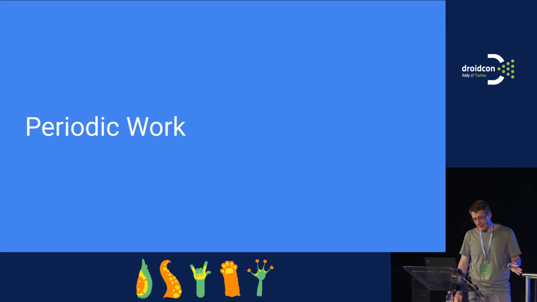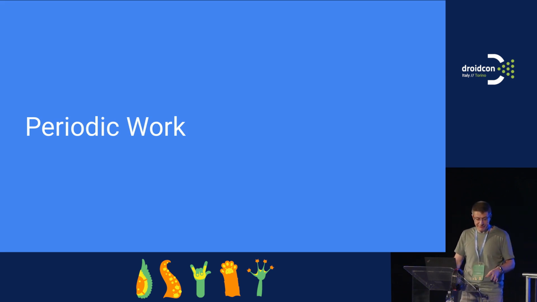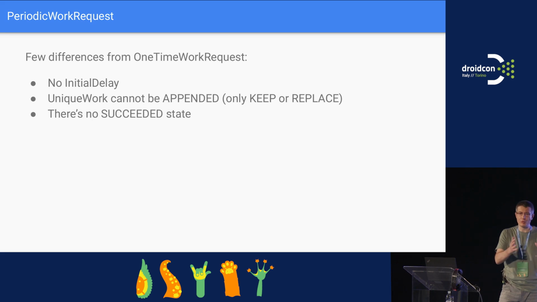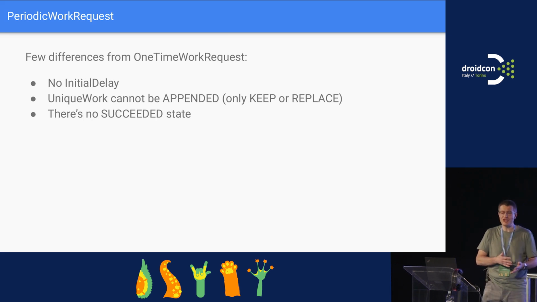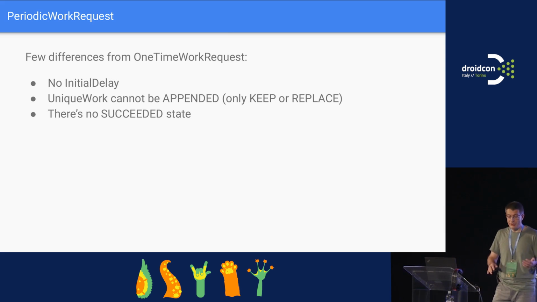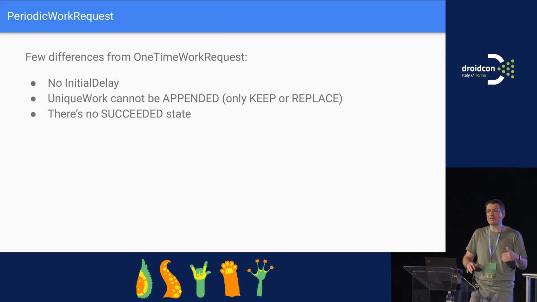Most of what we saw works for one-time worker and periodic worker. There are a few differences for periodic worker that I want to talk about now. One is that you can set an initial delay for your worker when it's a one-time worker, but you cannot set an initial delay for periodic worker. The other thing is that for the unique work, you can keep and replace like the one-time worker, but you cannot append.